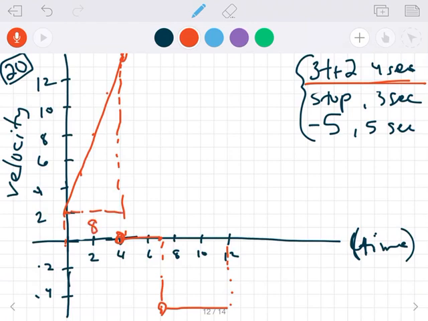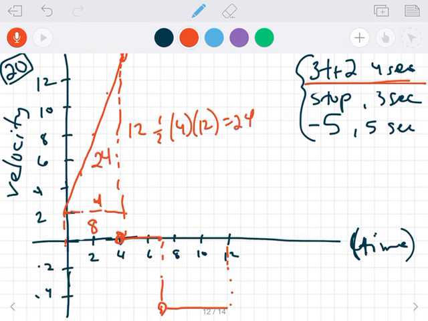The area of the rectangle is 8. For the triangle, 4 times 12 is 48. Half of that is 24. So that's the area of the triangle.